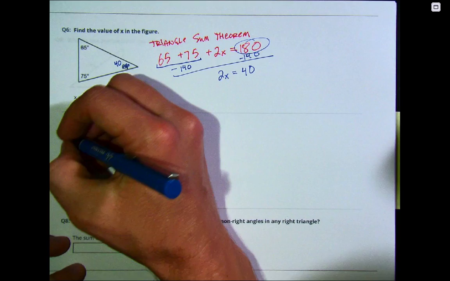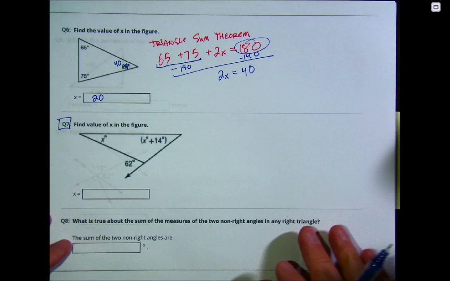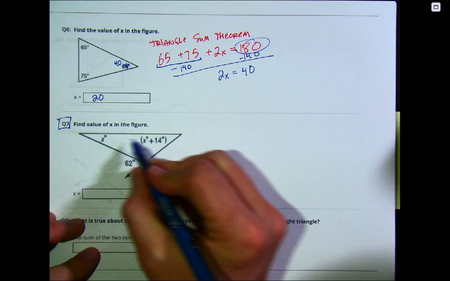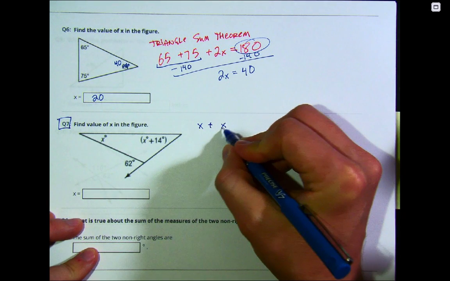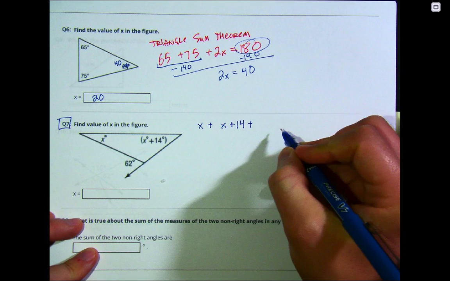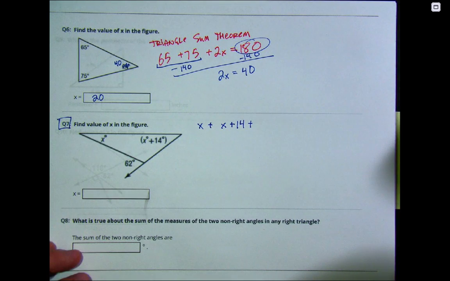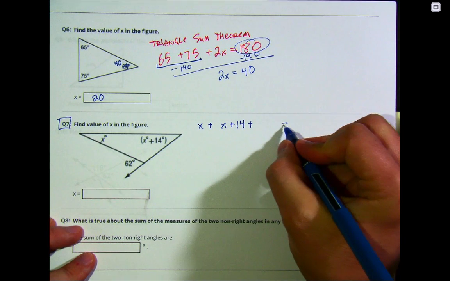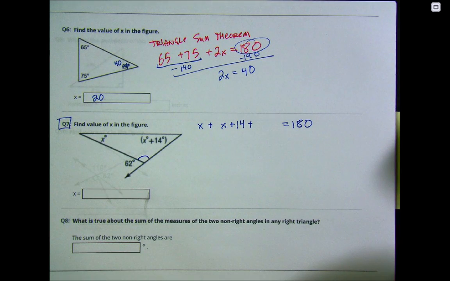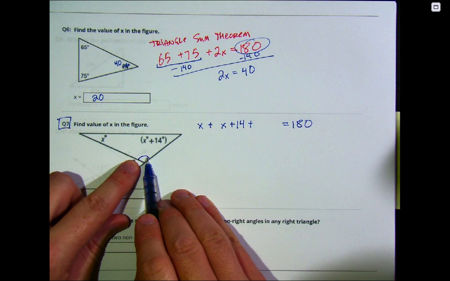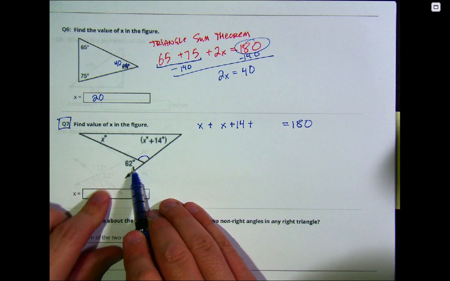Question number 7 is also going to use the 180 rule, but when we start to set this up, I'm going to say this angle plus this angle plus, plus what equals 180? I don't know this. It doesn't give me that angle. It's not 62 because that's obtuse, right? The 62 is outside of the triangle.